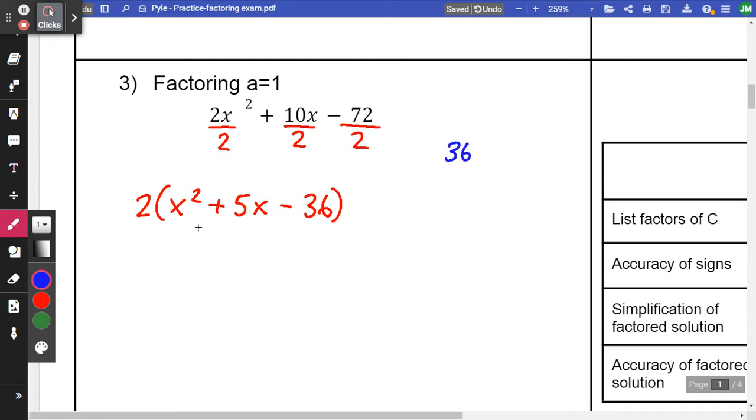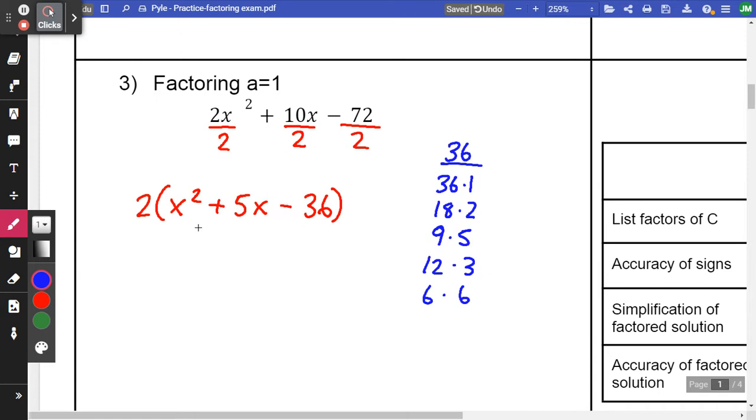So let's list out all the factors of 36. We have 36 times 1, 18 times 2, 9 times 4, 12 times 3, and 6 times 6.